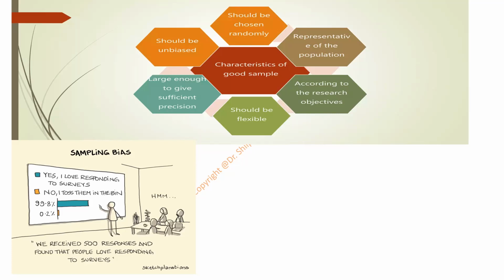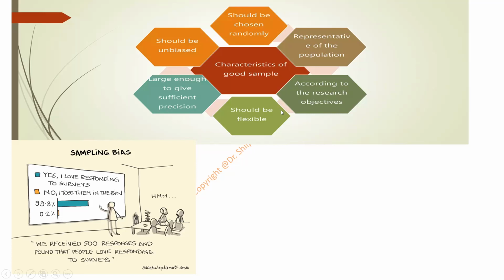I just want to work on type 1 diabetes, but while taking the sample I'm not checking whether they are type 1 or type 2. I'm just selecting them randomly. Then it is not according to my objective. My objective is to study type 1, and I'm choosing type 2 also. So it must go according to your research objective.